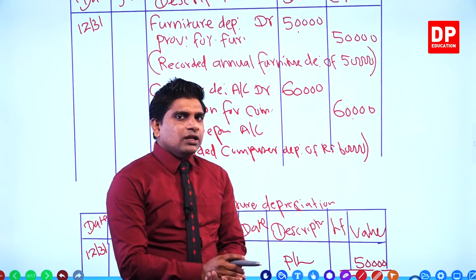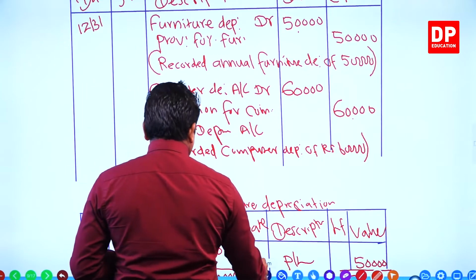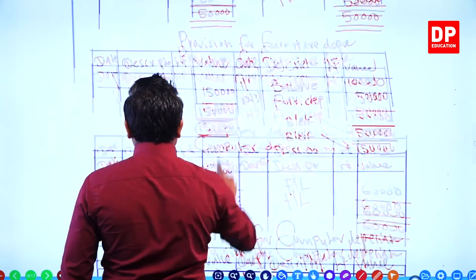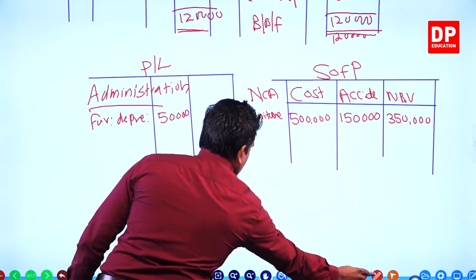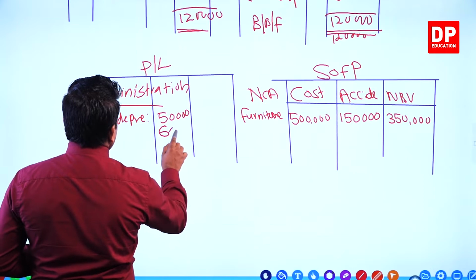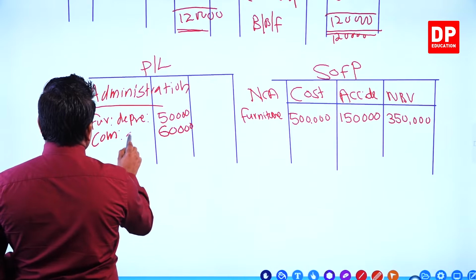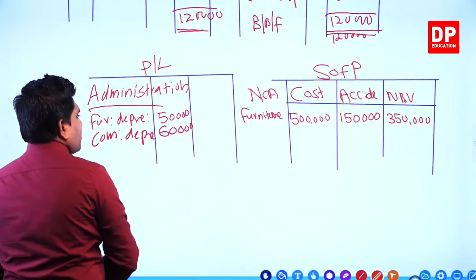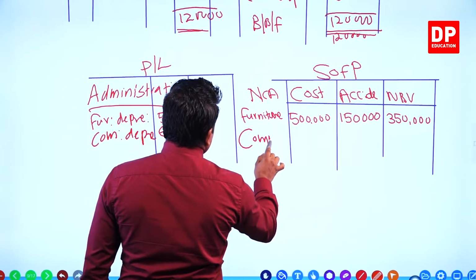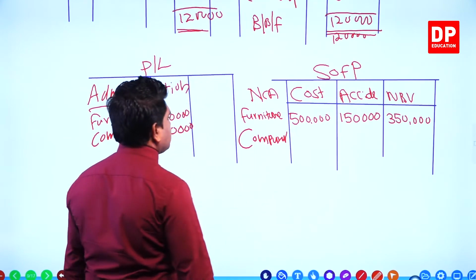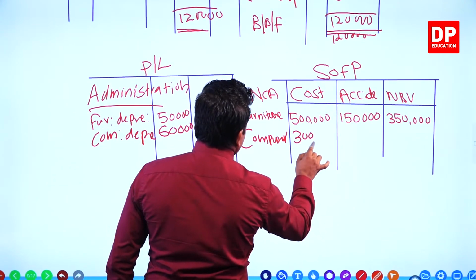Now we bring them to the financial statements, right? First we enter in the profit and loss statement only the annual depreciation. Annual depreciation how much? 60,000. This is called computer depreciation, right? Then you write in the statement of financial position computer. How much is the value? 300,000, value means cost, right?